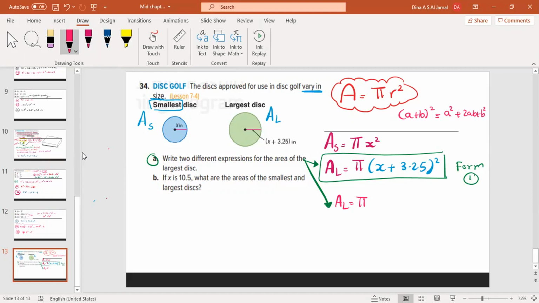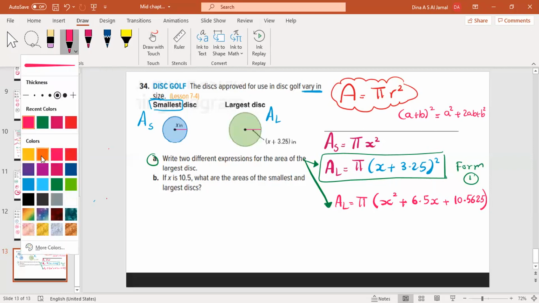That means it's all about x squared plus 2 multiplied by x multiplied by 3.25, which is 6.5x, plus 3.25 squared, it will be giving you 10.5625, all of this.